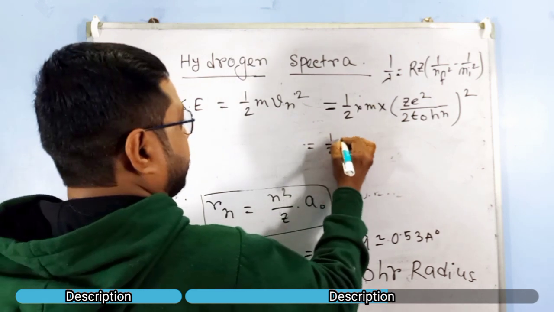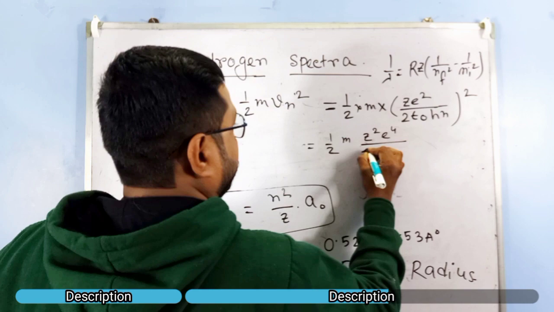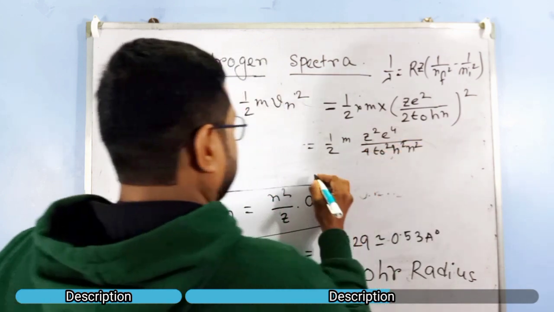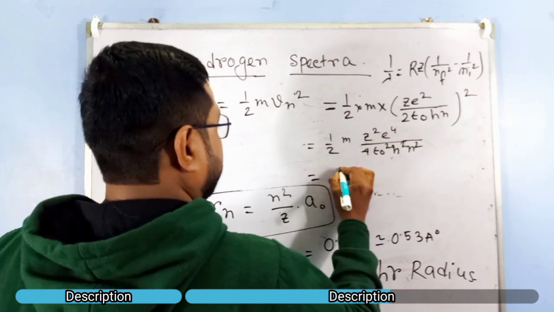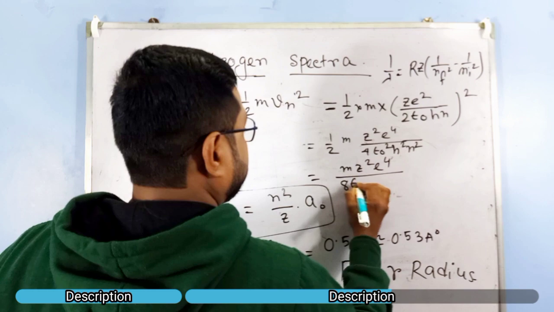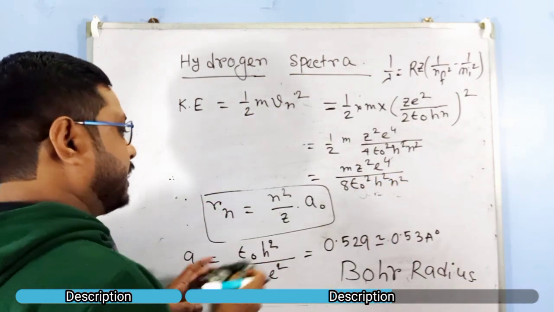So half m Z square e to the power 4 by 4 epsilon square h square n square. Therefore, half and 4, that is m Z square e to the power 4 upon 8 epsilon square h square n square. This is the value of kinetic energy.